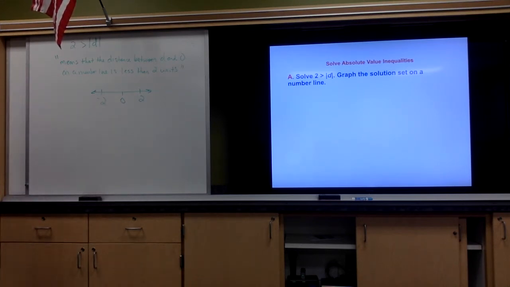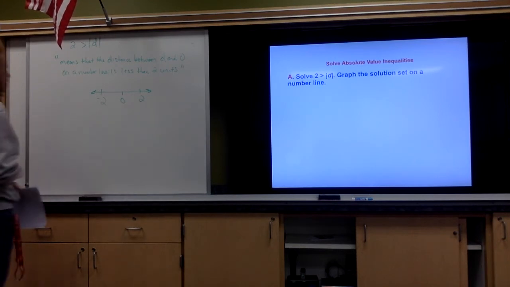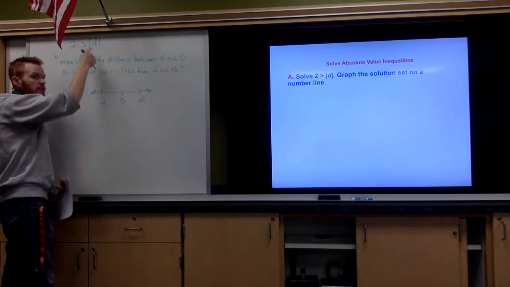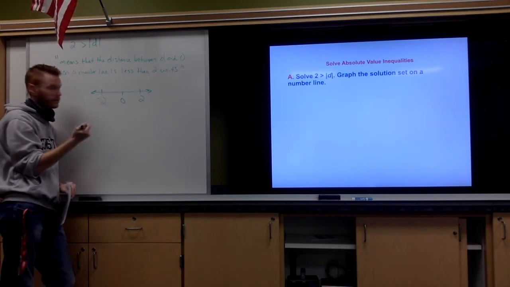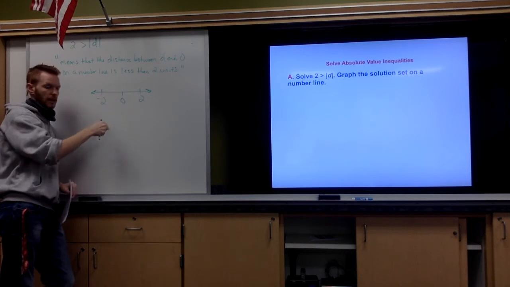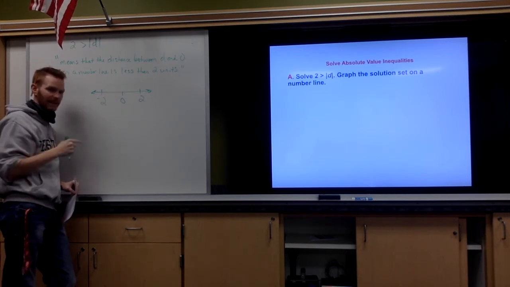Because remember, with absolute value, we're looking at left and right on the number line. So if I plug a negative 1 into here, is negative 1 less than 2 units from 0? Yes. Is a positive 1? Yes. Is a half? Yes.